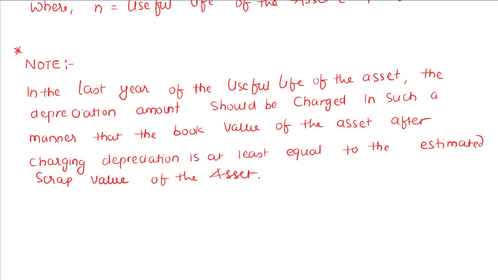So this is the double declining method. I believe you understood this.